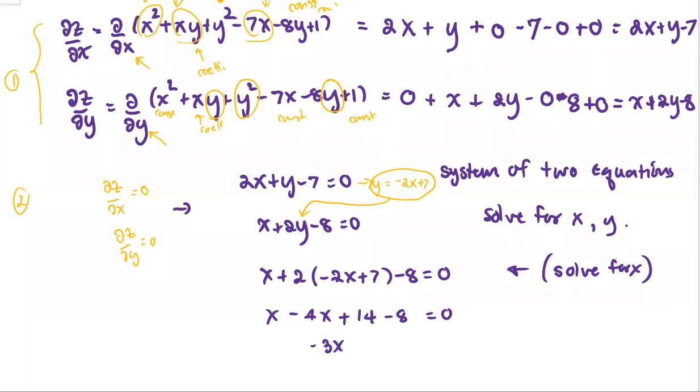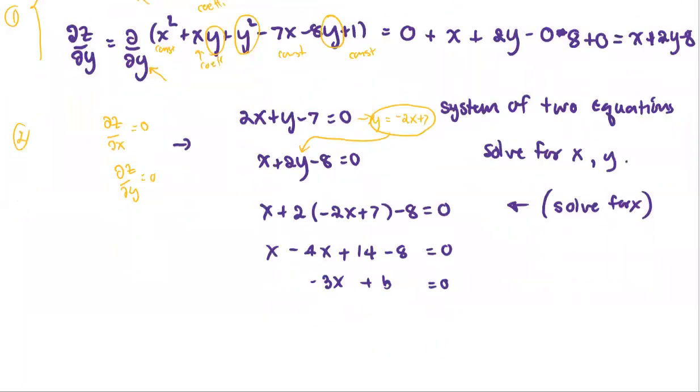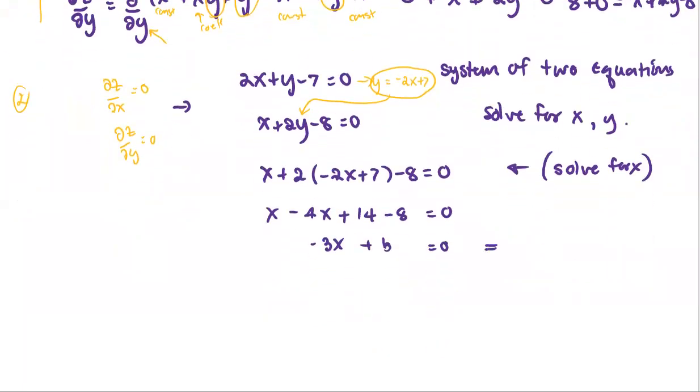And 14 minus 8 is positive 6, so negative 3x plus 6 equals 0. Therefore negative 3x equals negative 6, or x equals positive 2. One number out, so we get x.